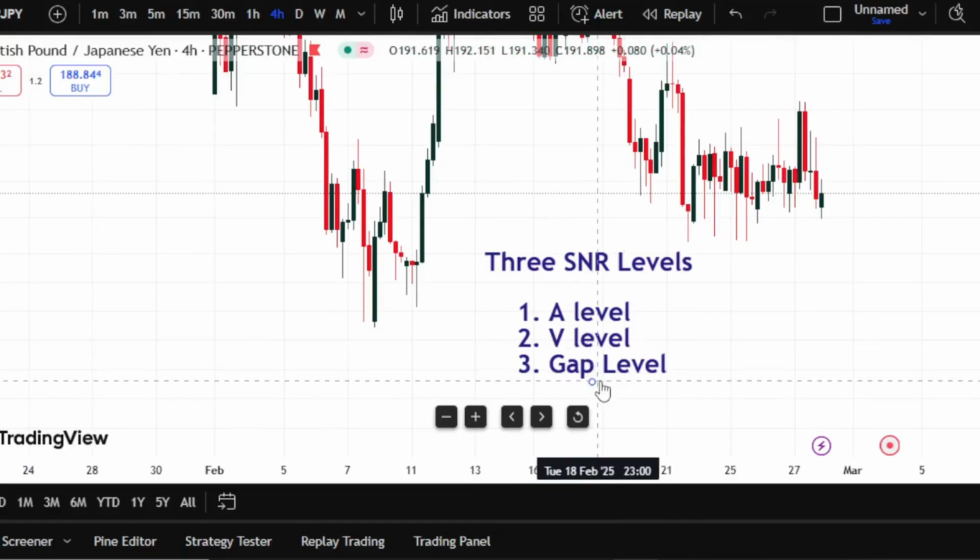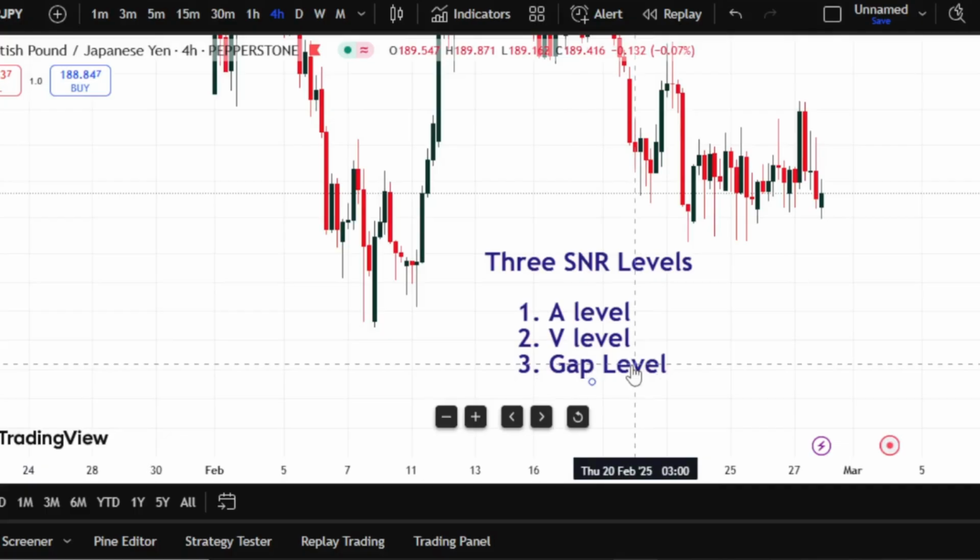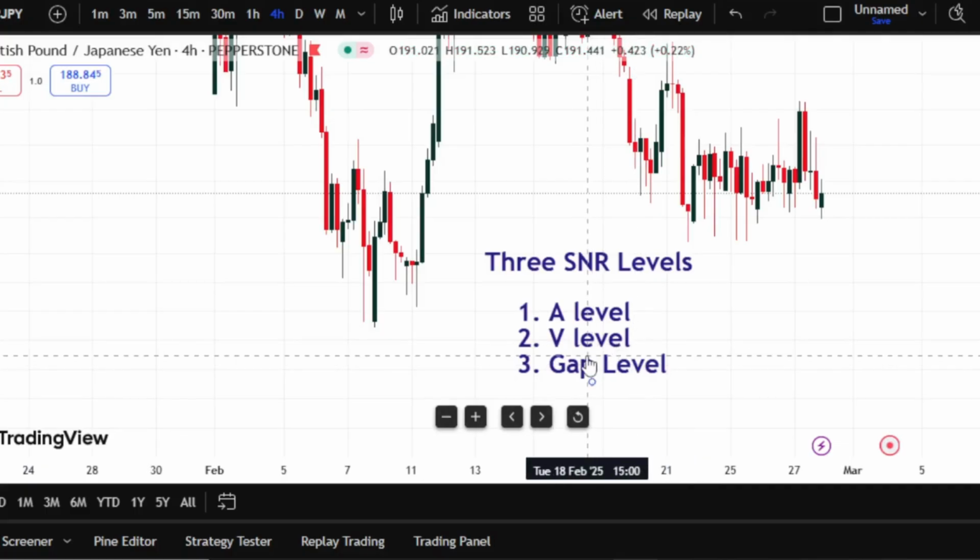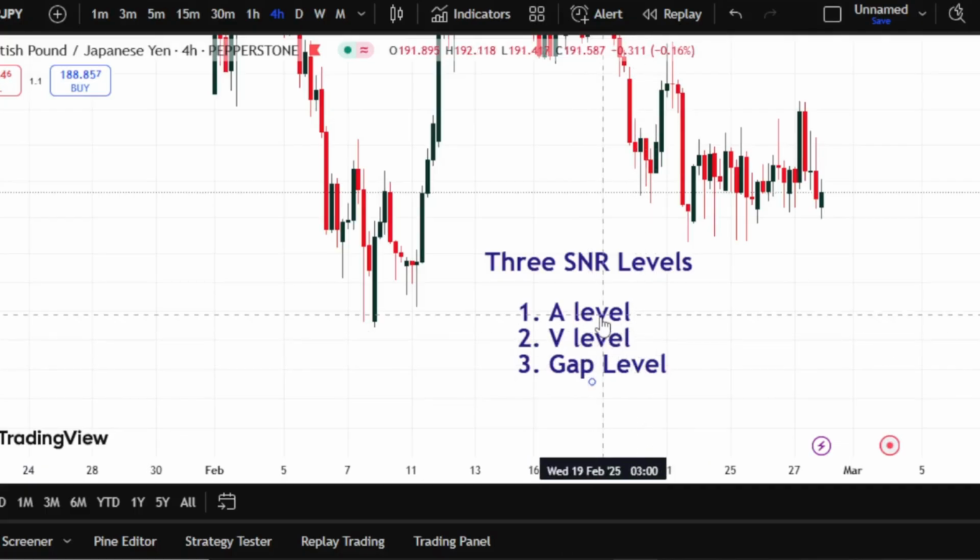This gap level, I've spoken so much on it when we discussed how there are hidden engulfing in gap levels. But I'm going to do a little recap of some of what was said in that video.